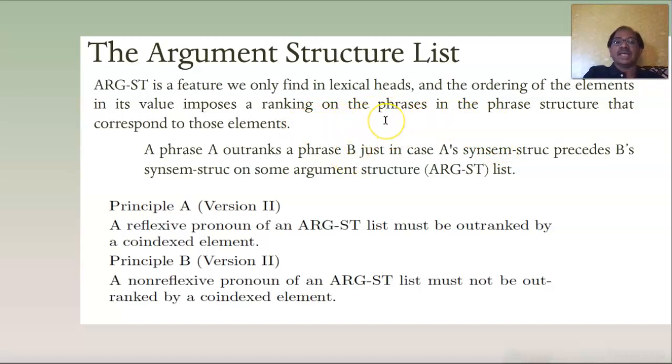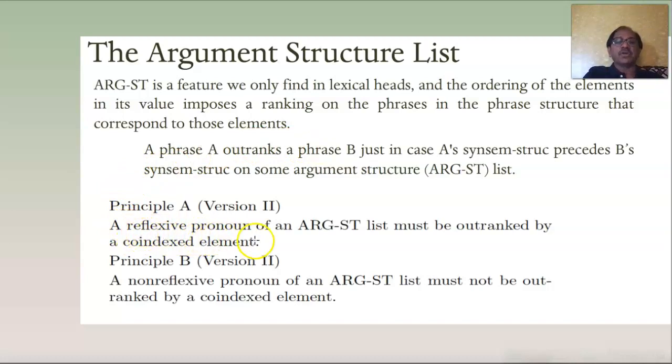Then A's synsem structure is preceding B's, so A outranks B. That's what this means. Now, based on these, we will formulate our binding principles. Right? Principle A and principle B, earlier we had given only an informal definition. Now look at this. This is version 2.